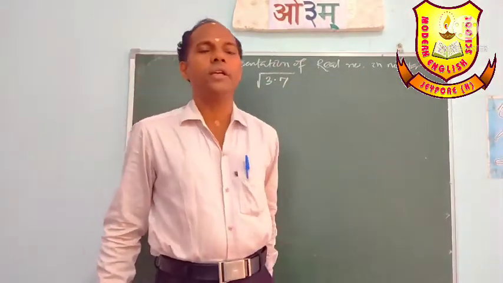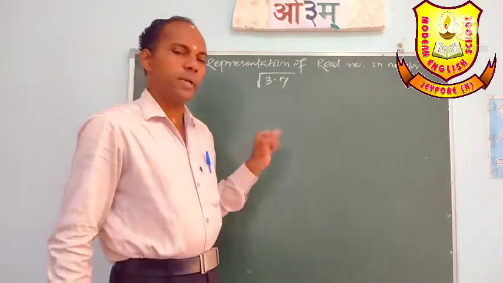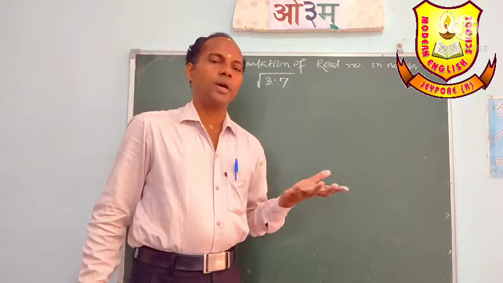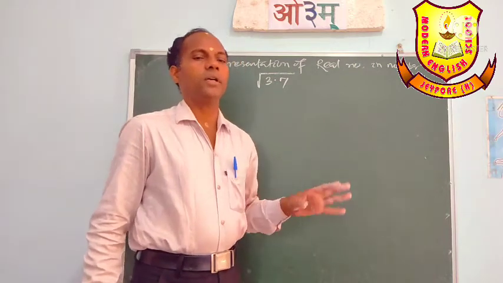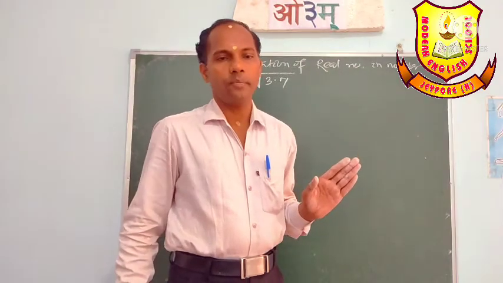We have to show it on a number line. The concept is based on similar triangles, which is in 10th standard, but I am just telling you how you have to draw this.